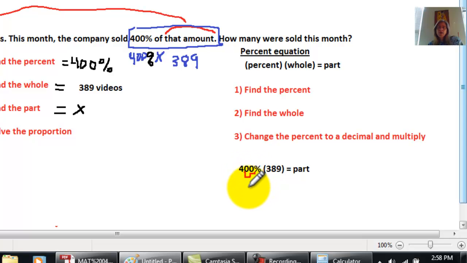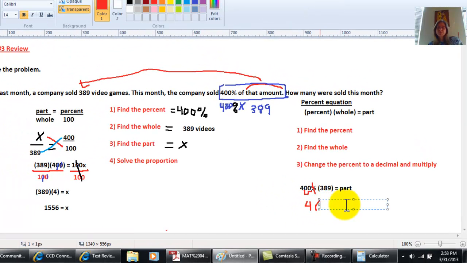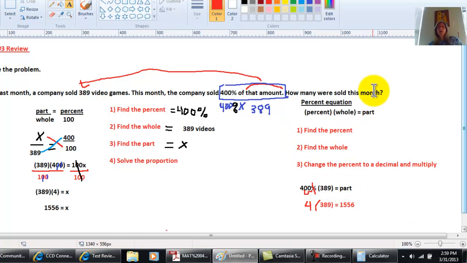So you end up with a 4, because you've taken the percent sign off, and you have to divide by 100 to do so. So you move the decimal to the left, you have a 4. Now it's 4 times 389, just like in the other problem. And of course we learned that that will then equal 1,556 sold this month. Okay.